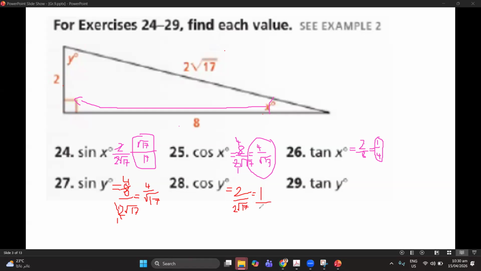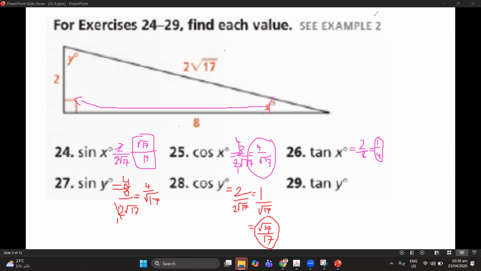Yes, 1 over square root of 17, and I can also simplify it more as square root of 17 over 17. Now which one is better? The last one, the circled one. This is the simplest form.